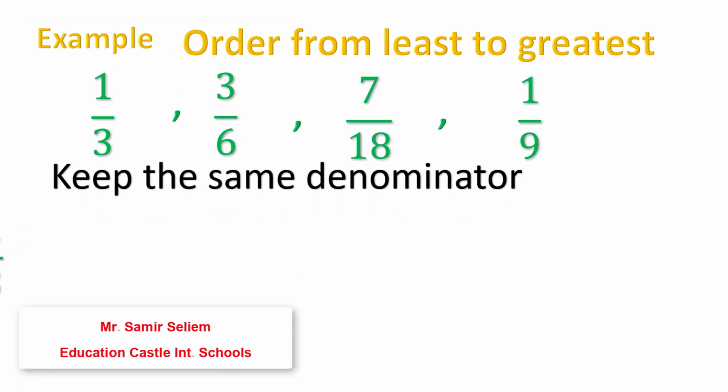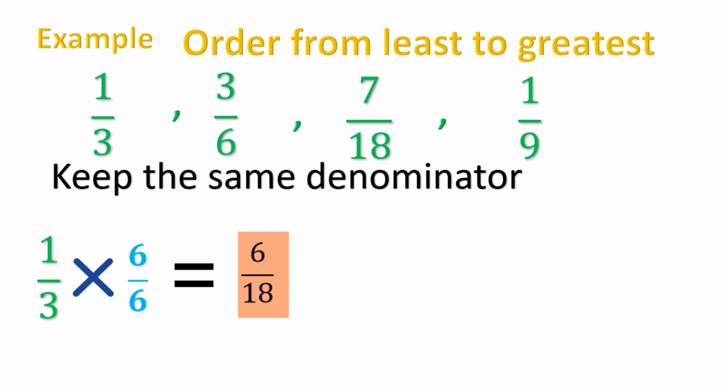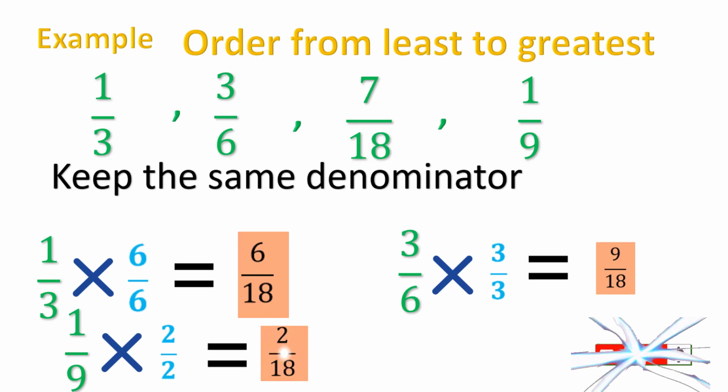Keep the same denominator, the same idea. 1/3. How can we make 3, 18? Just multiply here by 6. It will be 6/18. 3/6 multiplying by 3, so it will be 9/18. 1/9 multiplying by 2, so it will be 2/18.